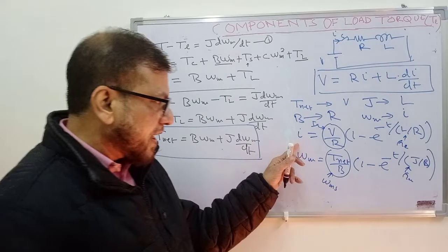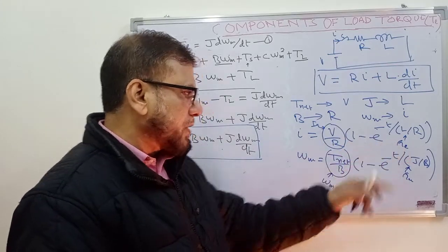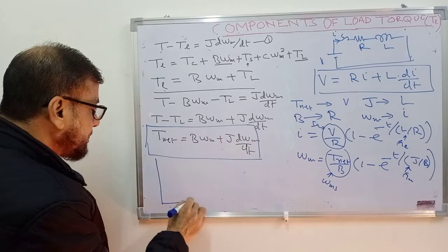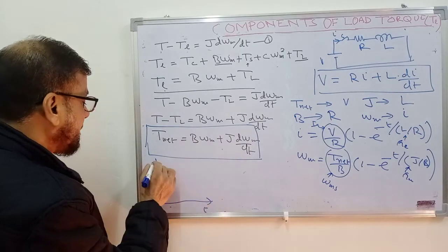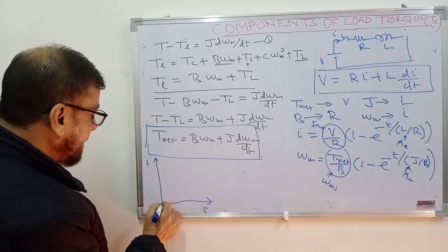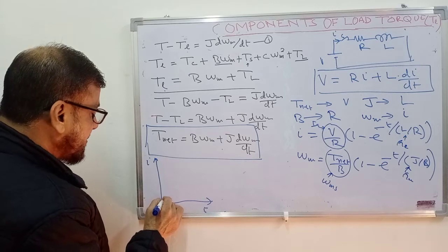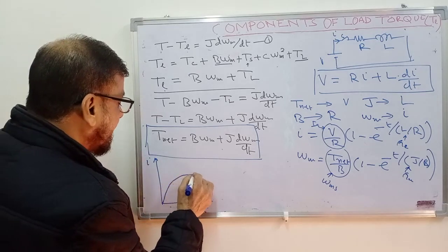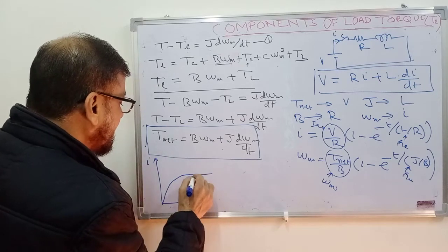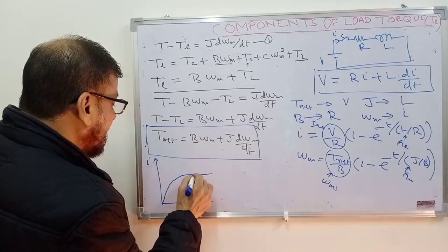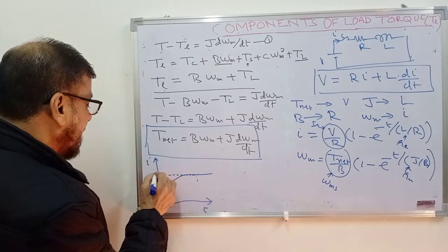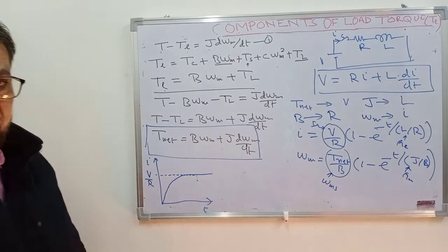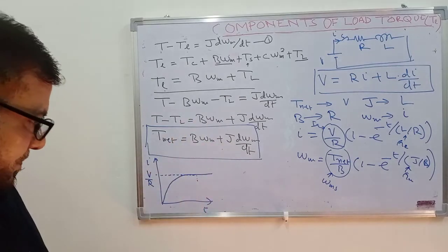If you plot current with respect to time, the curve looks like this. Current I rises initially, and finally it saturates and becomes constant, and this value is equal to V upon R, which we call the steady state current IS.